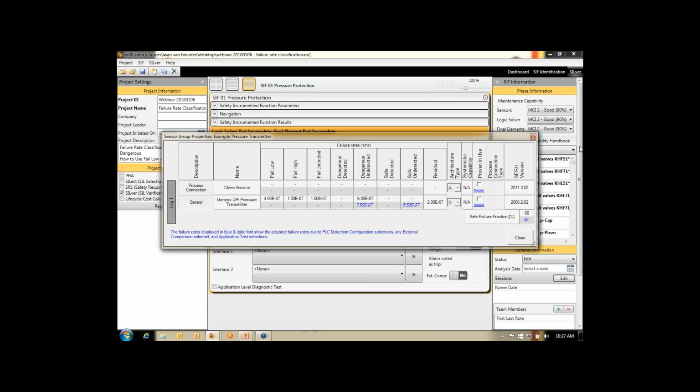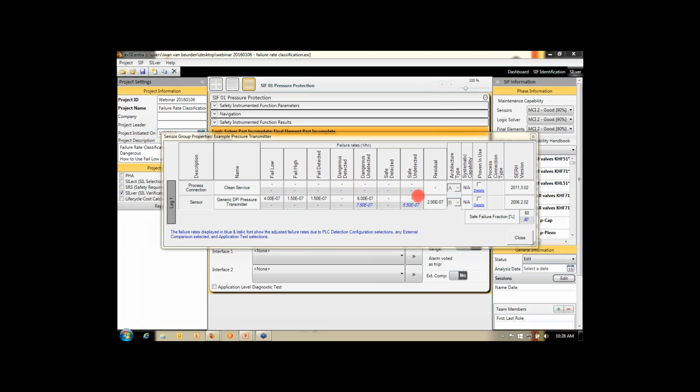As you may remember from the screenshot of the data page that I showed earlier, fail low is 400 FITs, fail high is 150, fail detected 150, and dangerous undetected is 600. That's the data, and 200 for the residual, but we don't use the residual in our calculation because they have no impact on the safety function.